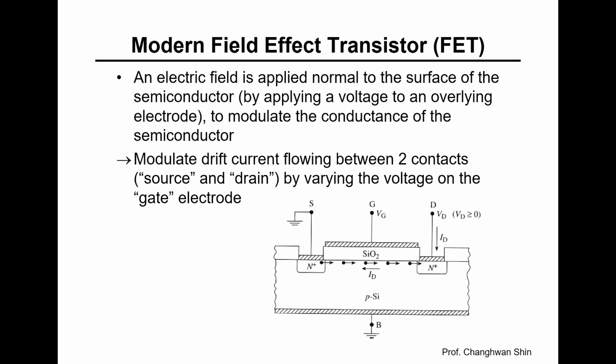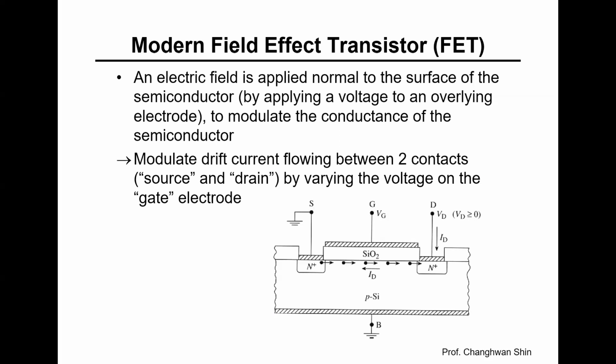Imagine again a garden hose representing our semiconductor, where water, representing electrical current in our device, flows from one end to the other end. Now, imagine you can squeeze the hose from the outside, controlling the water flow without directly touching the water itself. This is essentially how a FET works.